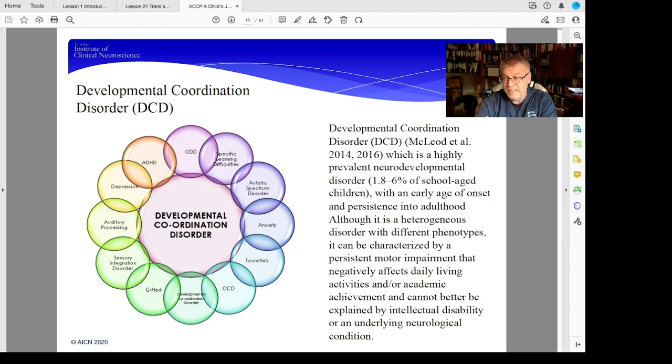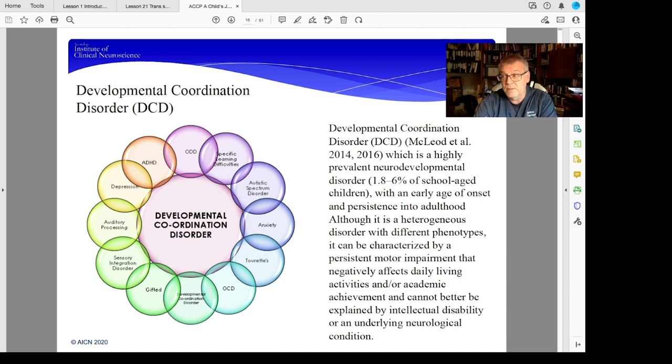And it can't be better explained by an intellectual disability or underlying neurological condition. So that's one of the fallbacks in these diagnoses, that they can't be easily explained by other medical conditions or other medical problems.